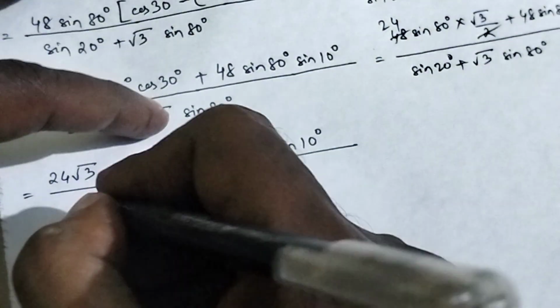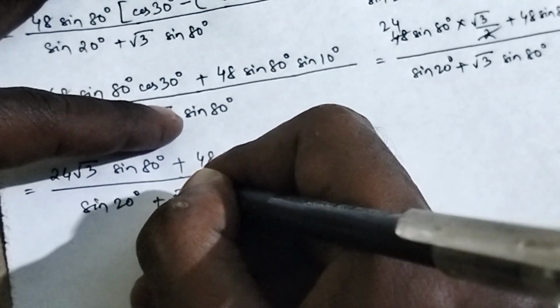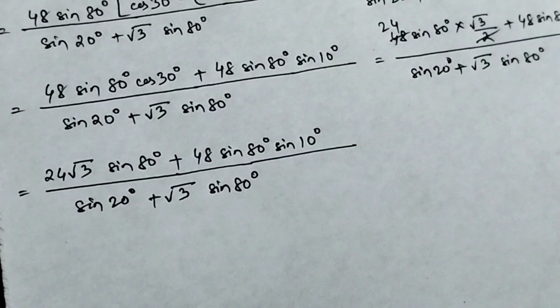And in the denominator as it is written, sin 20° plus root 3 sin 80°.